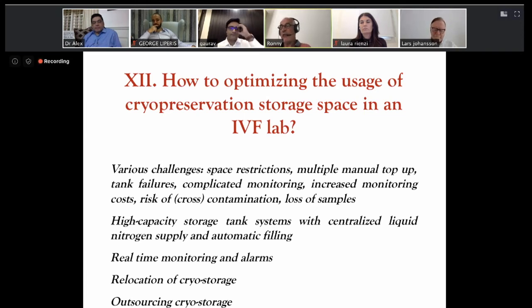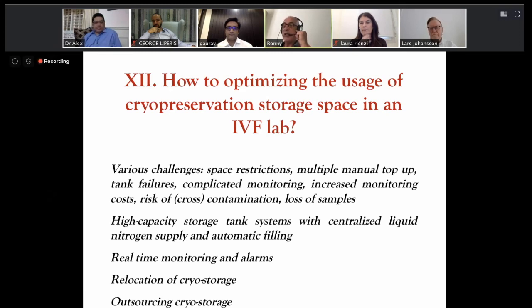They need to be stored in a dedicated area to start with, so you need to have the right facility. But it becomes really very difficult to manage all these manual top-ups to fill them with liquid nitrogen.